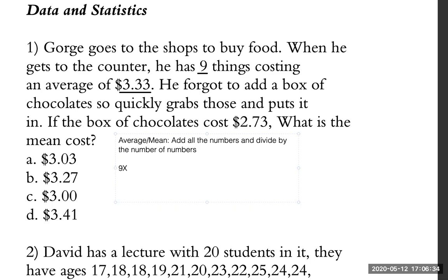If you add up all the things he bought and then divide by 9, he got 3.33. So the average thing he got was $3.33.